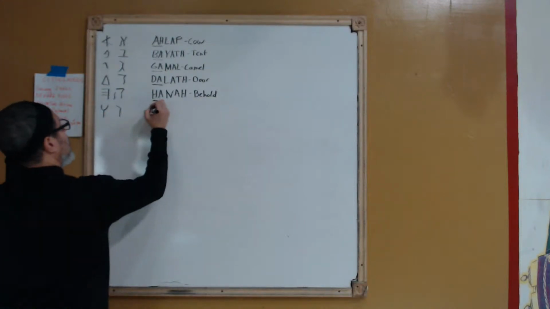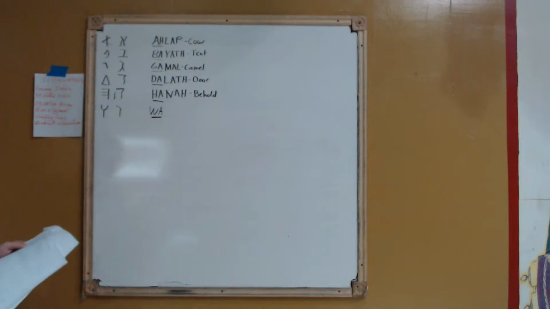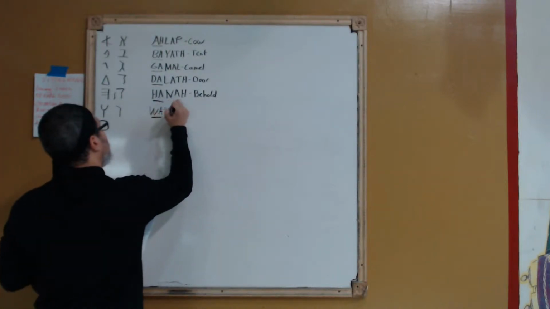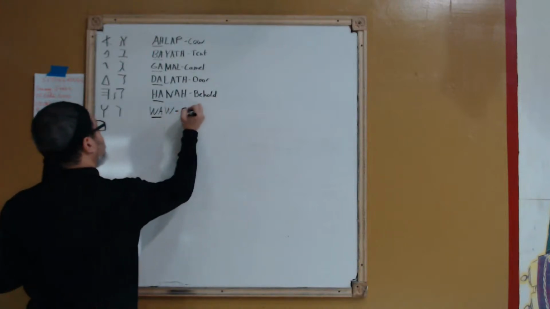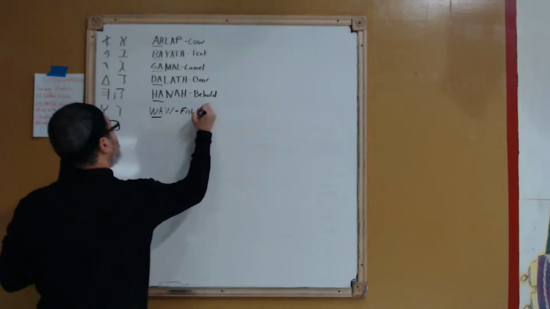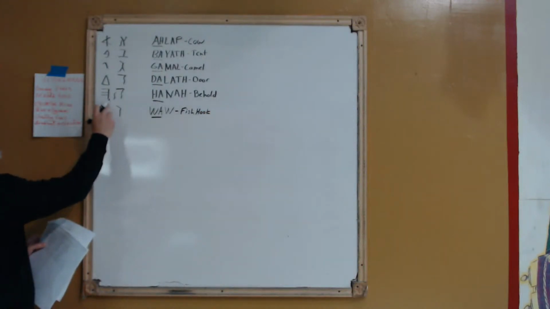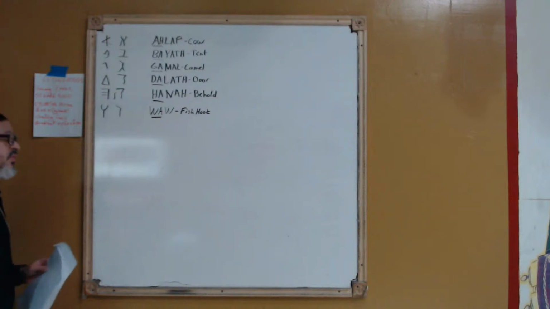And this was the wa sound. And it's short for the wa, with an extra W. And it's the fish hook. Let's see how this looks like a fish hook. You catch a fish. That's where that comes from.